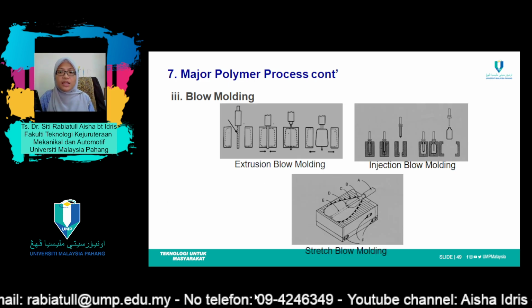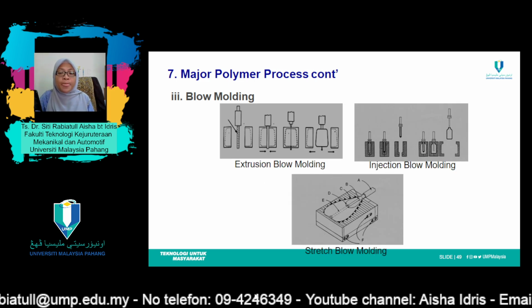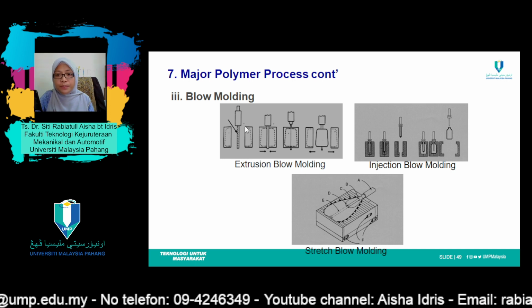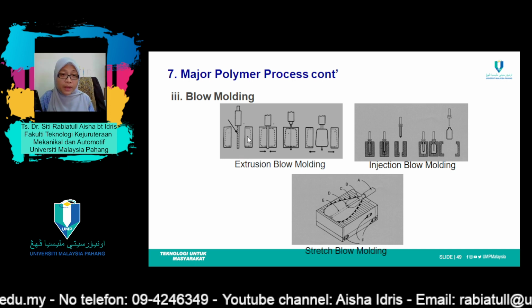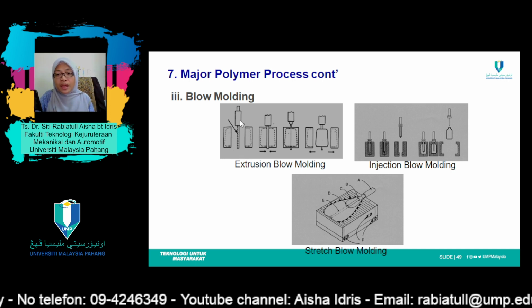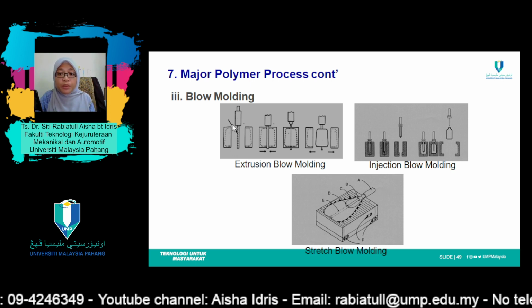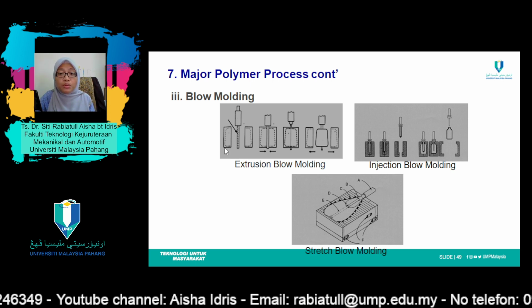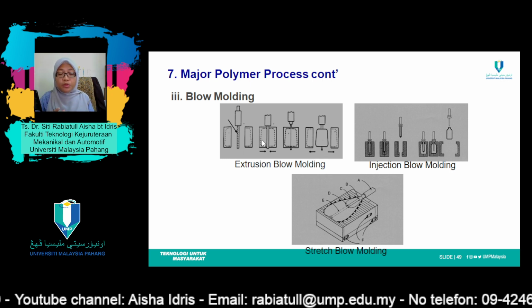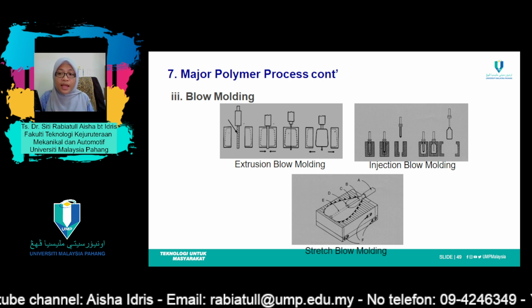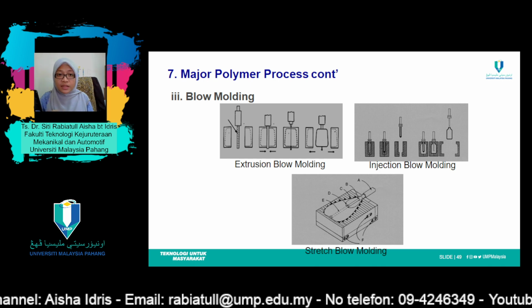Blow molding is actually producing a parison. We call this a parison, which is produced from extrusion molding. Once this parison is produced, molds at both sides will fit that parison, and then it will blow.